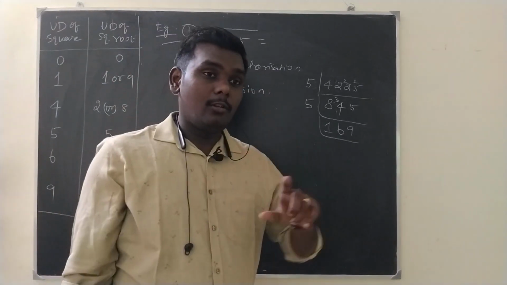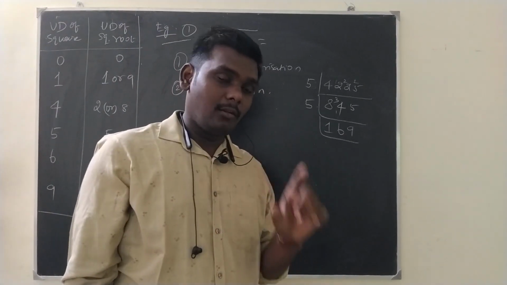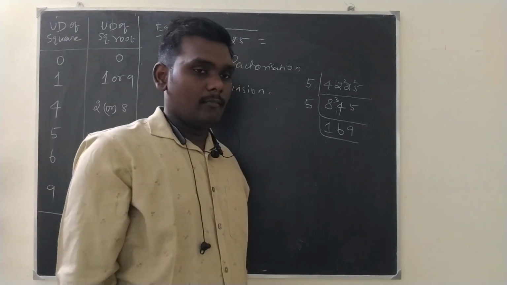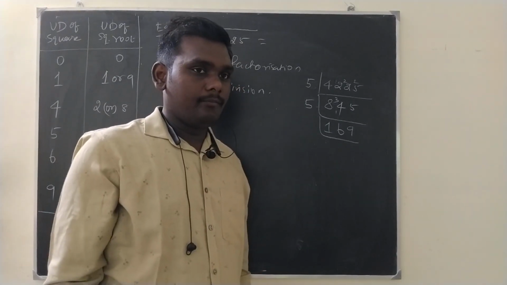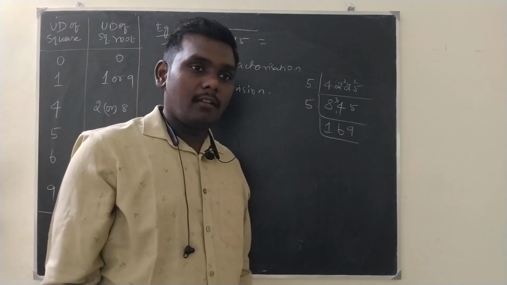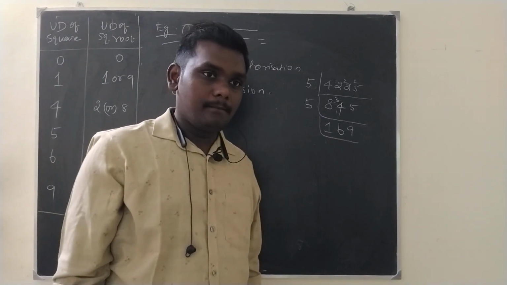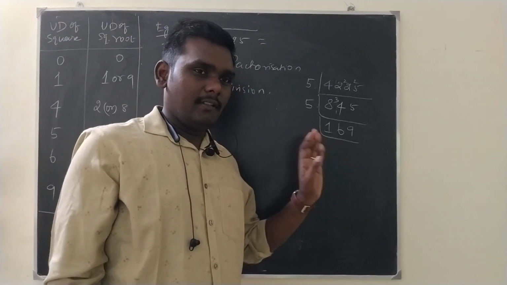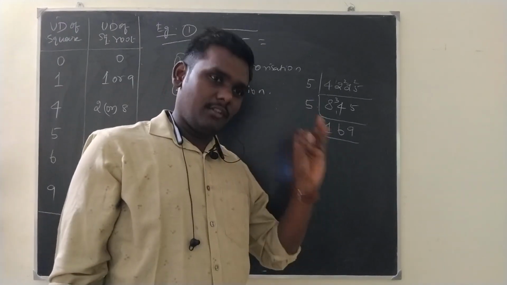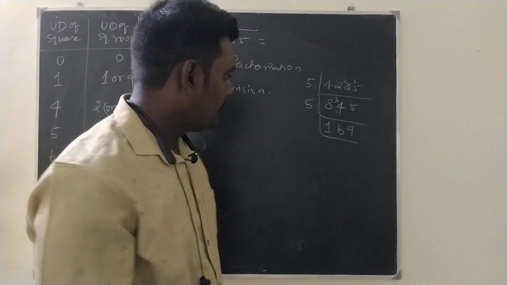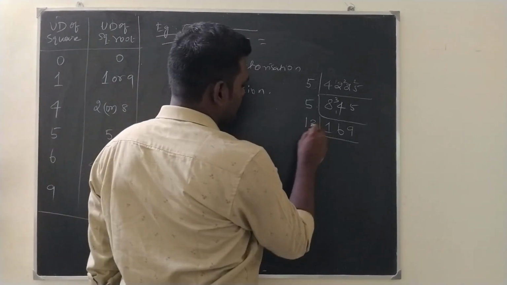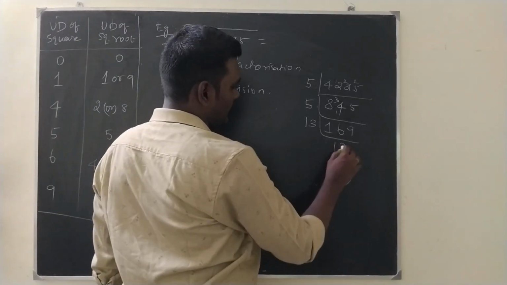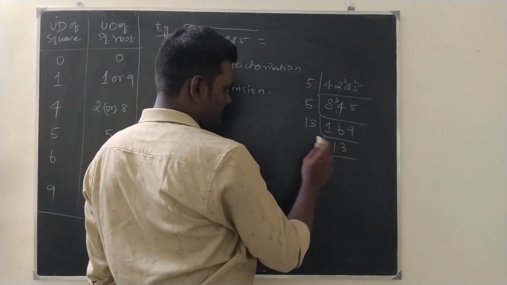That is why I told you to remember squares up to 25. You see, 169 is the square of which number? It's a perfect square. You should be aware of these perfect squares and prime numbers. It's 13. So how many times 13 is 169? 13 times. That is all.